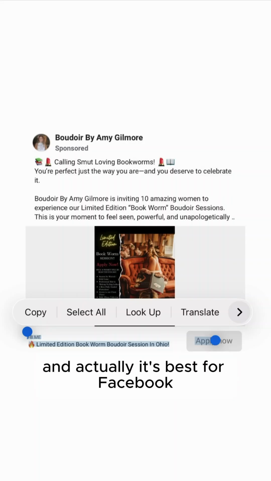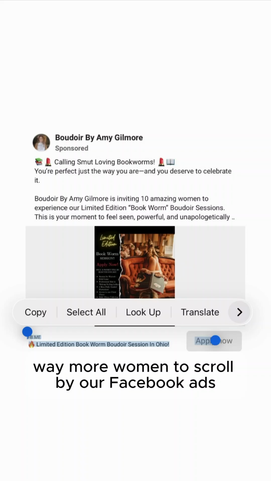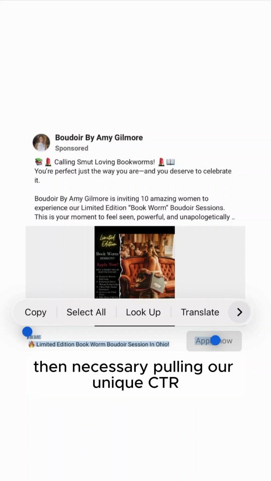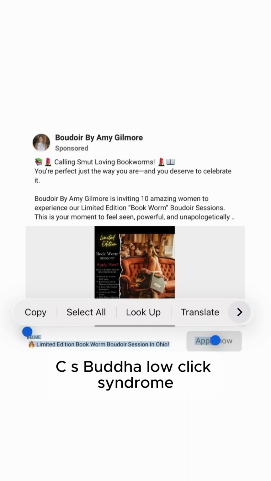Actually it's best for Facebook, it's worse for us when we fill these out. It causes way, way, way more women to scroll by our Facebook ads than necessary, pulling our unique CTR under 6% and contributing to BLCS, Boudoir low click syndrome.